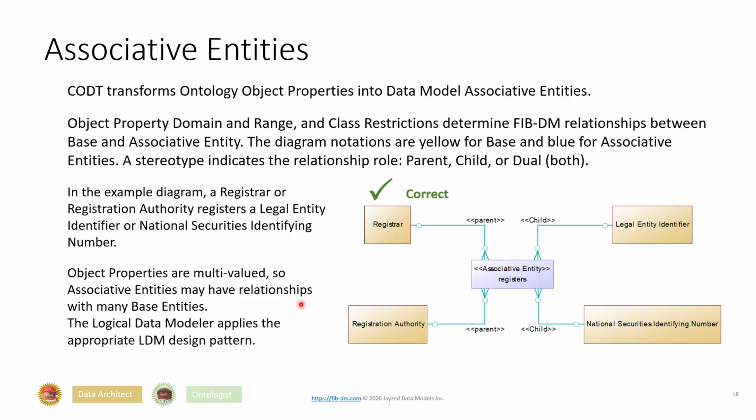And object properties are multi-valued. So the associative entities may have relationships with many base entities. And then, as we will see in the logical model, you may convert the class restrictions and restrict the relationship from parent to child.